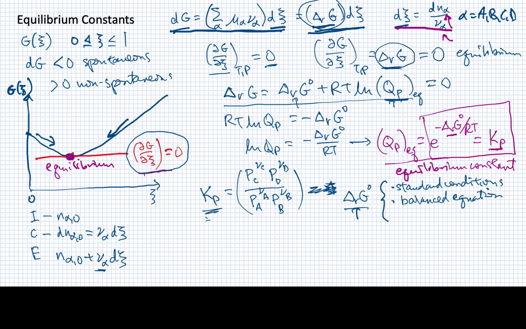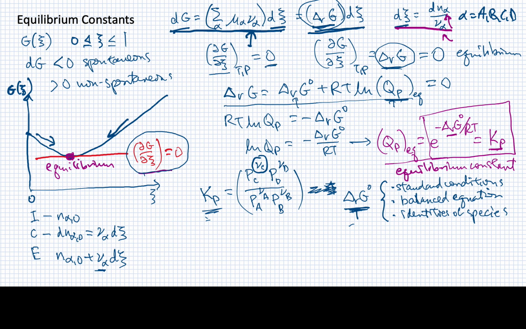That balanced chemical equation gives us different values of these exponents here. It also comes into play in the definition here of this ΔrG. And finally, this is all going to be dependent upon the identities of the species, because that's how we set the chemical potentials for these different species. So this quantity here is going to depend on these three things.